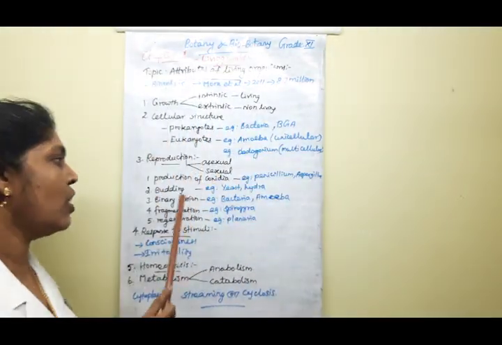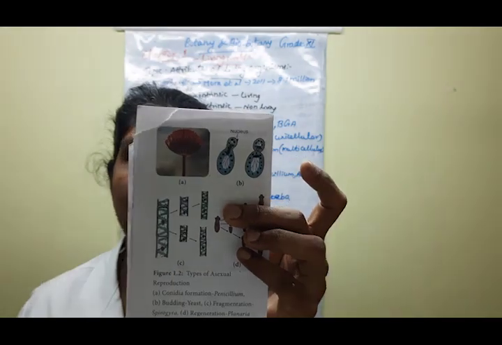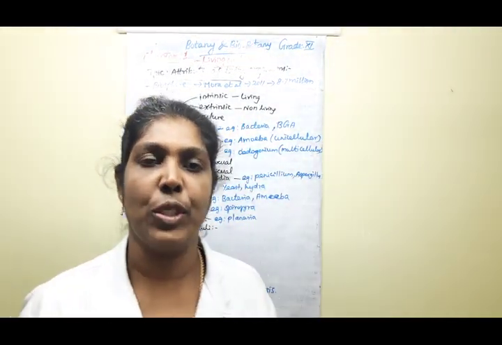Clear, children? This is the budding method of asexual reproduction. Understood? Say yes or no? Good examples of budding are yeast and Hydra. Clear, children? Understood? Yes. The next one of this type is binary fission.